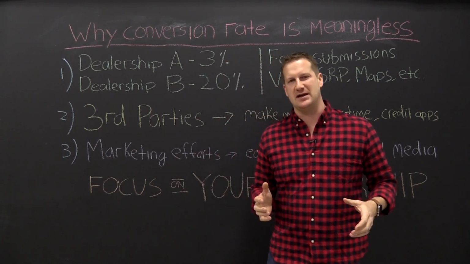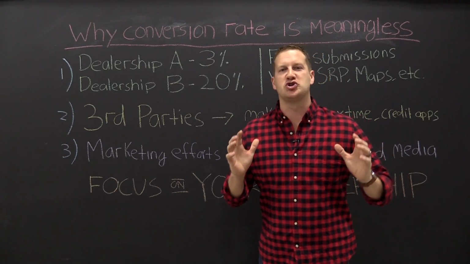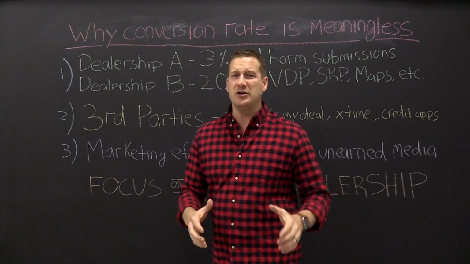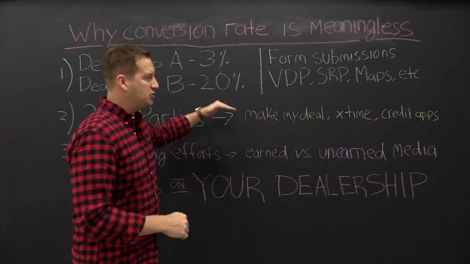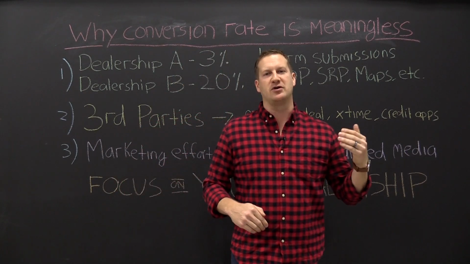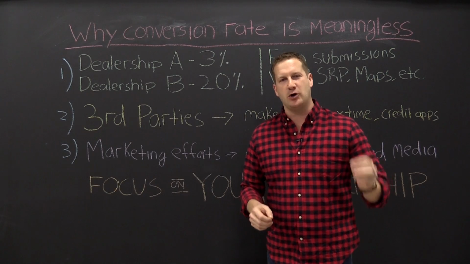It's exactly the opposite. What I want you to look at on a year-over-year basis or month-over-month are your total conversions. How many people are converting on your website no matter what you're measuring? And look at that and make sure it's consistent and you're comparing the same thing month over month or year over year. With those tips, I think you're going to be much better off to make smarter marketing decisions.